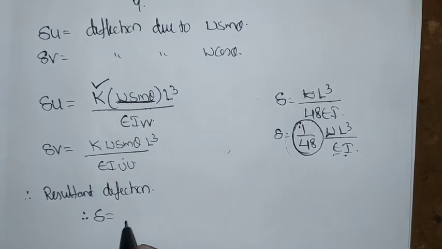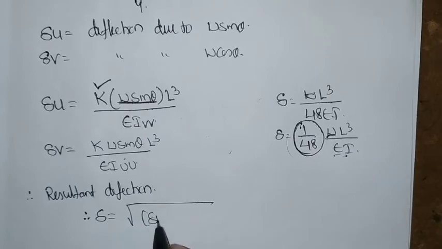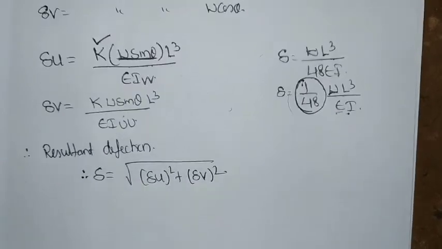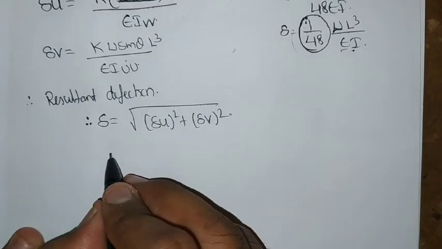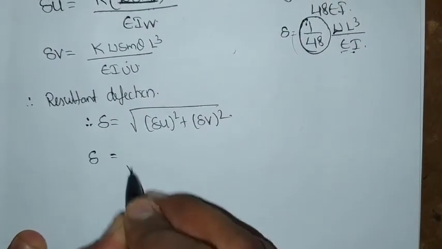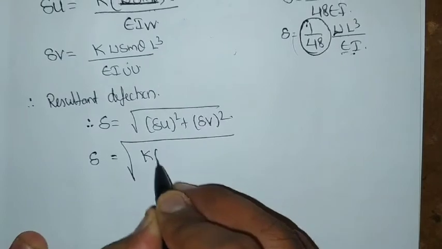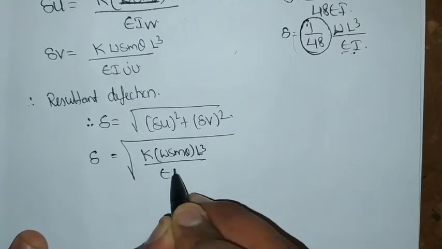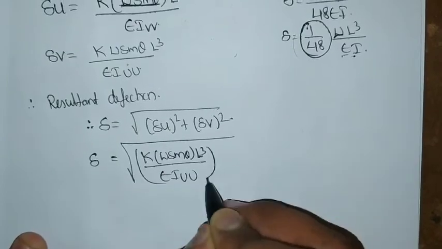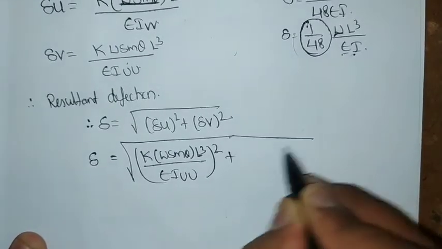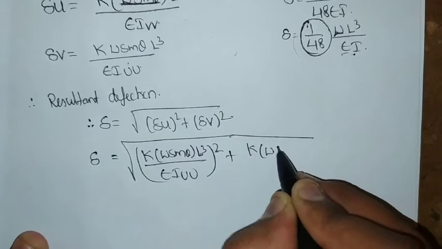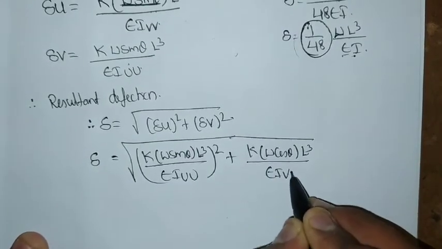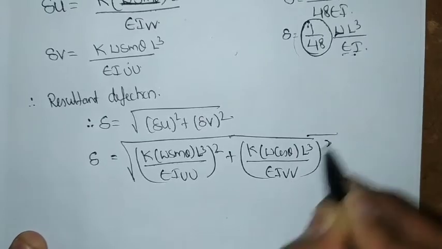Therefore, delta is equal to root of delta U whole square plus delta V whole square. If I am going to make that, delta is equal to root of K into W sin theta into L cube by E IVV whole square plus K into W cos theta into L cube by E IUU whole square.